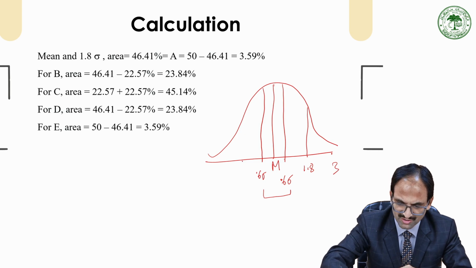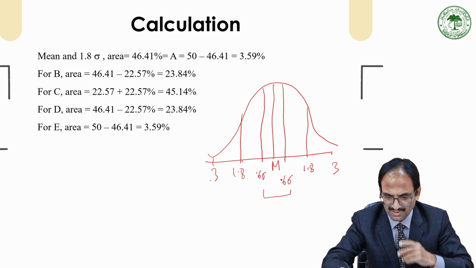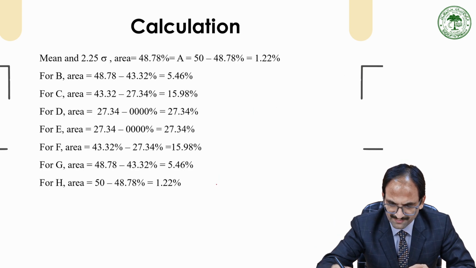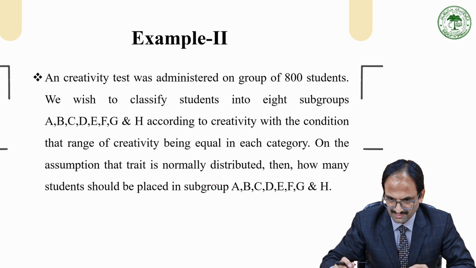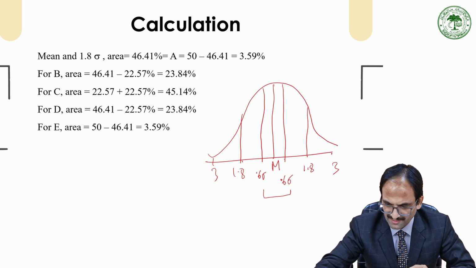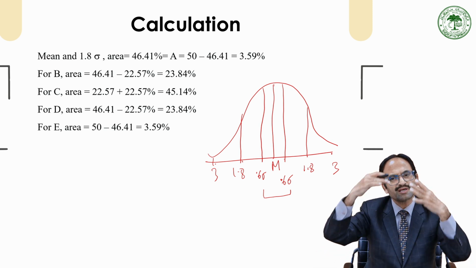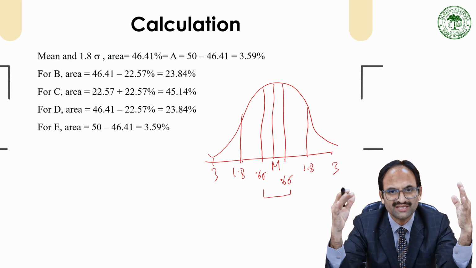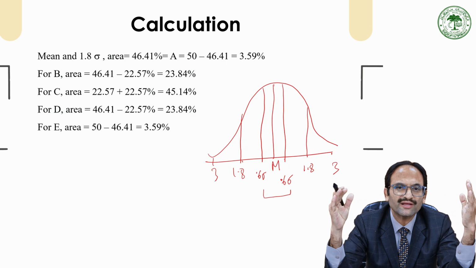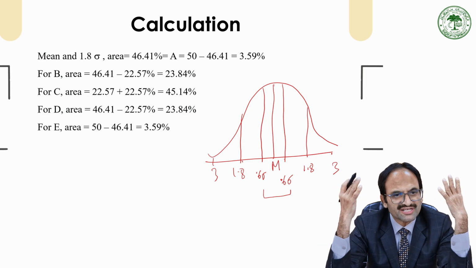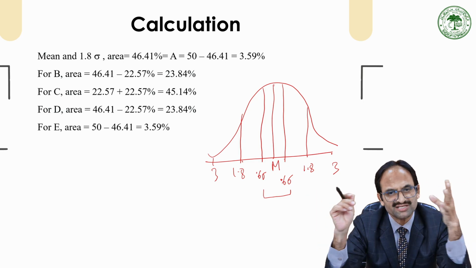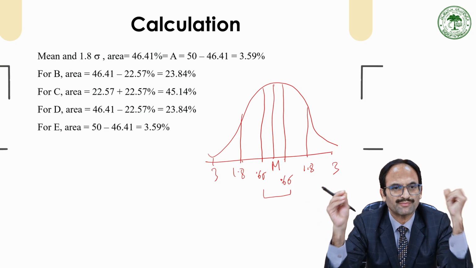Similarly, here it will be 1.8 and here it will be 3. So accordingly, 1 group, 2 group, 3 group, 4 group, 5 group, that is 5 subgroups will be there, and every subgroup will have a space of 1.2 sigma.